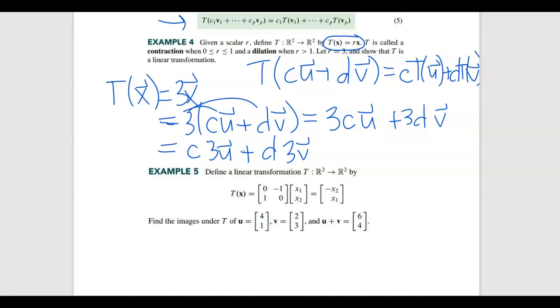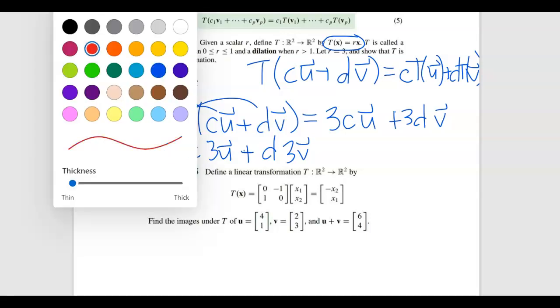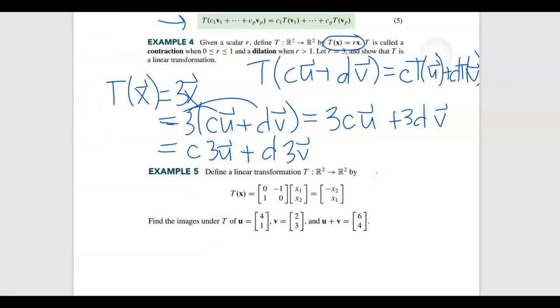Well, let's think about up here, what does it mean to be T of vector u under this transformation? That means to be 3u. What does it mean to be T of vector v? That means to be 3 vector v.